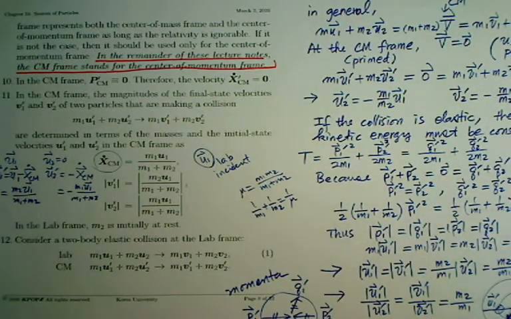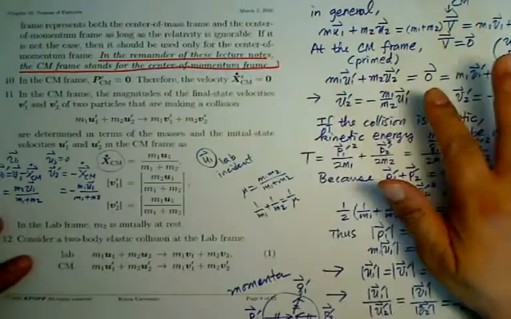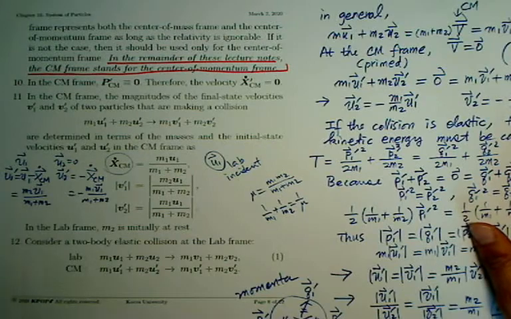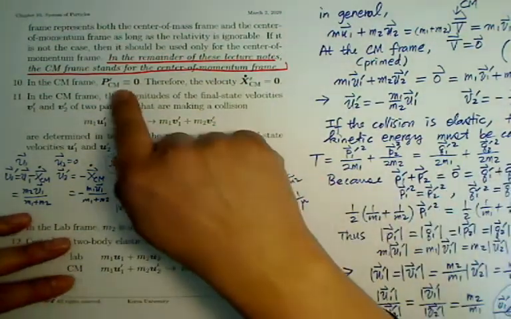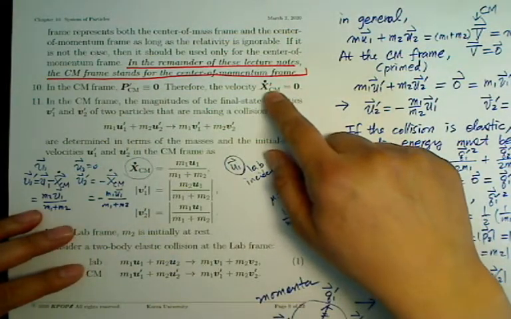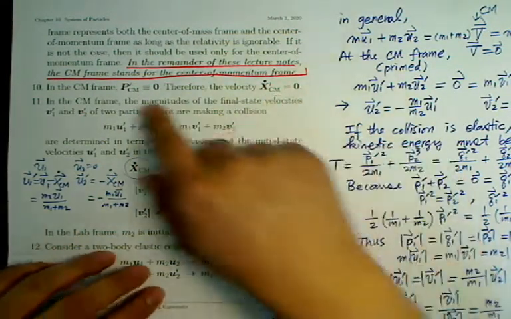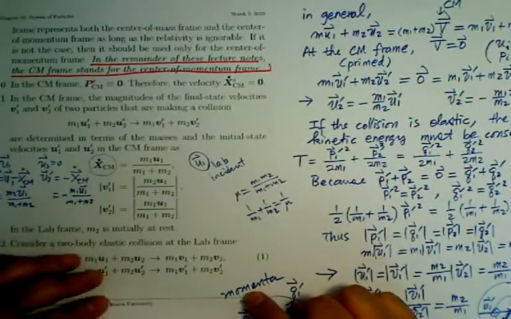In the remainder of this chapter, we will mainly consider the center of momentum frame. So, for example, P prime, CM, X prime, CM, we just eliminate the subscript CM.